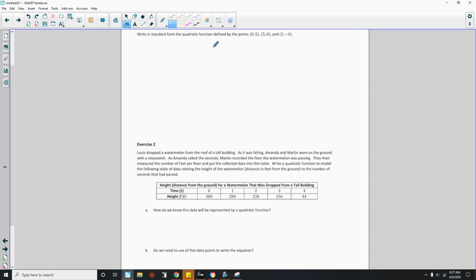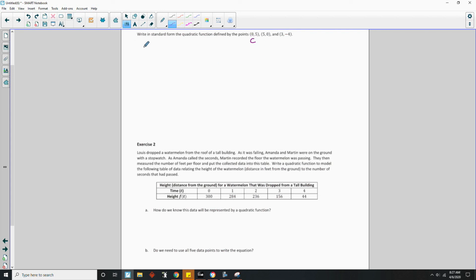Okay, assuming that you've done that, we have a point (0, 5), over 0, up 5. That is our y-intercept. Okay, this is our c. 5, 0 is a root or a solution when y is 0. We're on the x-axis. Crossing the x-axis at (5, 0), and we have the point (3, -4).